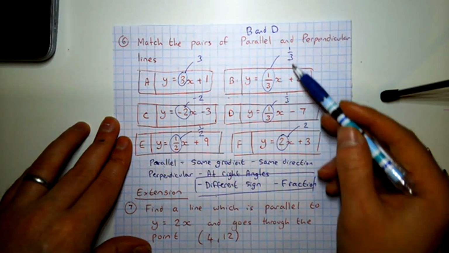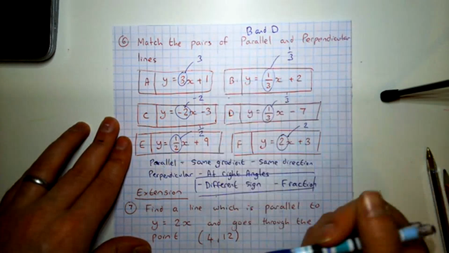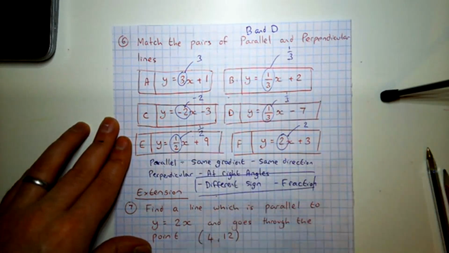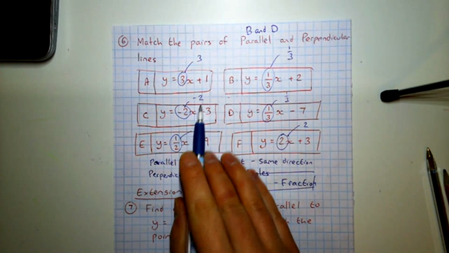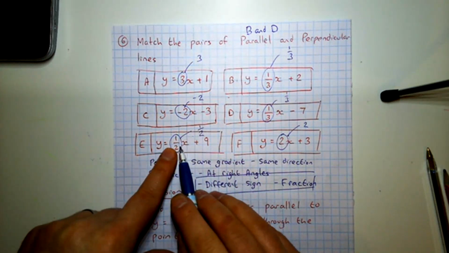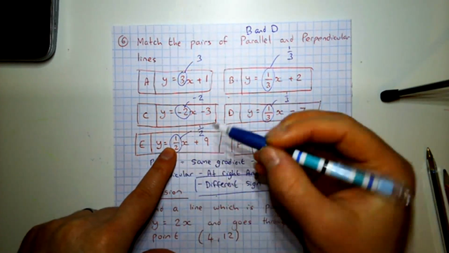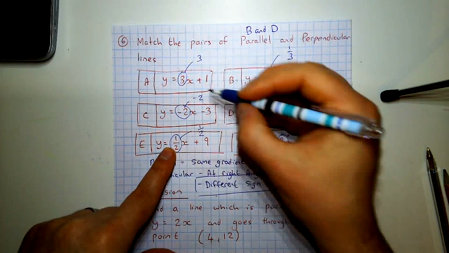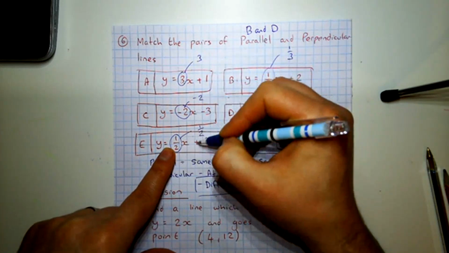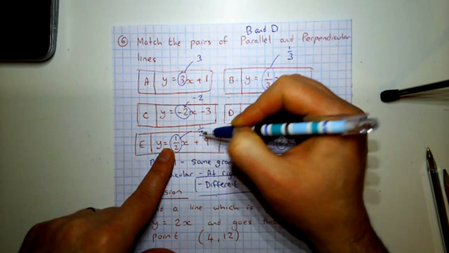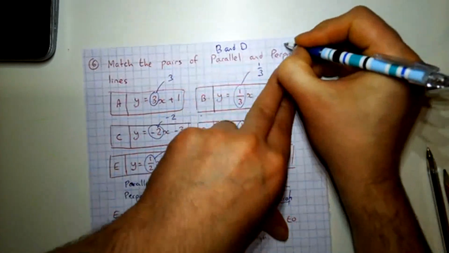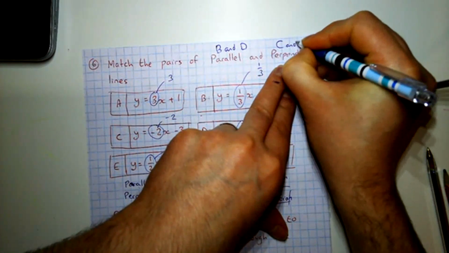B, 1/3, same thing. I've already paired B and D. Let's have a look. C, it's got -2, and E has got 1/2, and that fits because different sign, one positive, one negative, one's a whole number, one's a fraction. So C and E are your perpendicular ones.